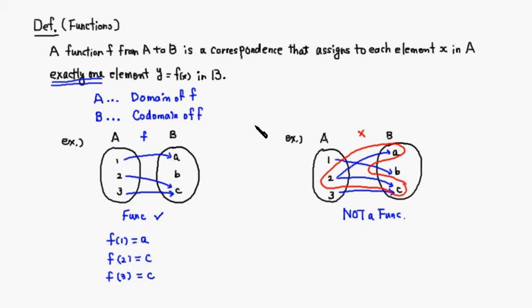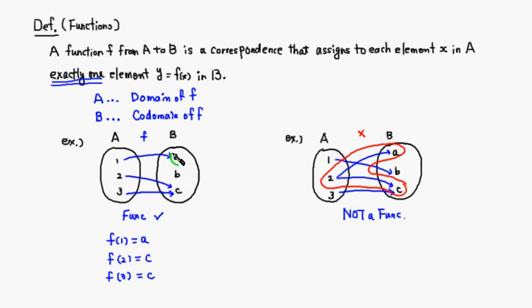And the range of the function, let's look at this example. The range of the function is all the elements in B that have arrows coming in. For example, here A has an arrow coming in, B doesn't, and C has two arrows coming in.